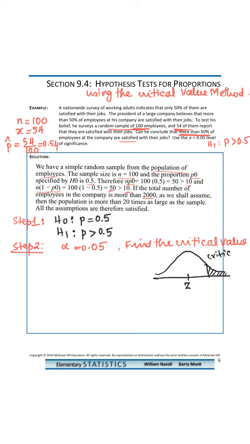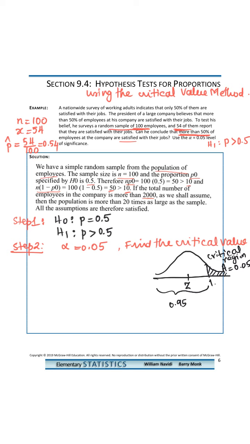This is the critical region. Area is 0.05. So the area on the left side of this critical value is 0.95. So use the table and find the critical value.